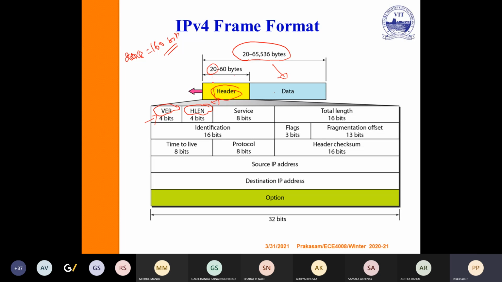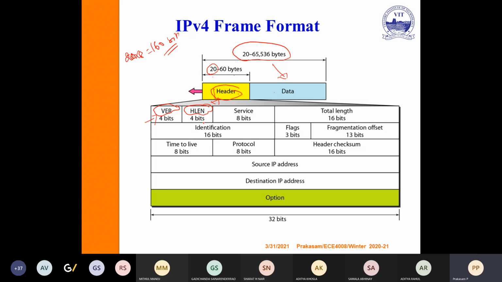Without representing the length of the header, if we simply add the header with the data, then the destination and the router cannot identify which bytes belong to the header and which bytes belong to the data. To avoid that confusion, we represent the length of the header also.